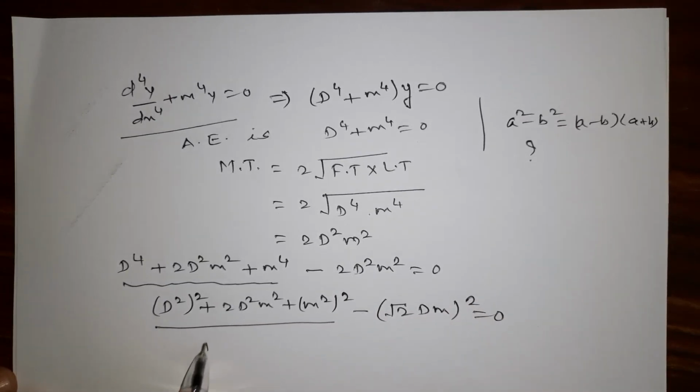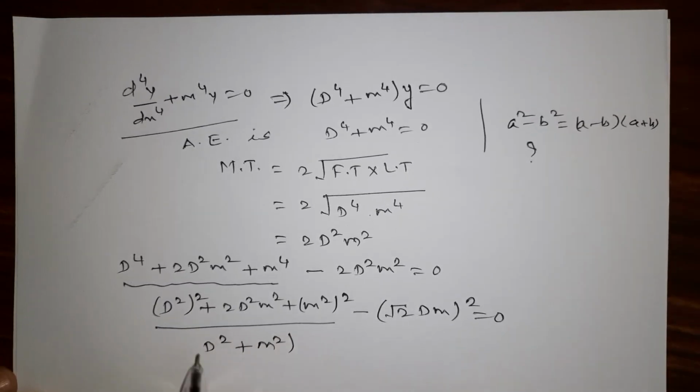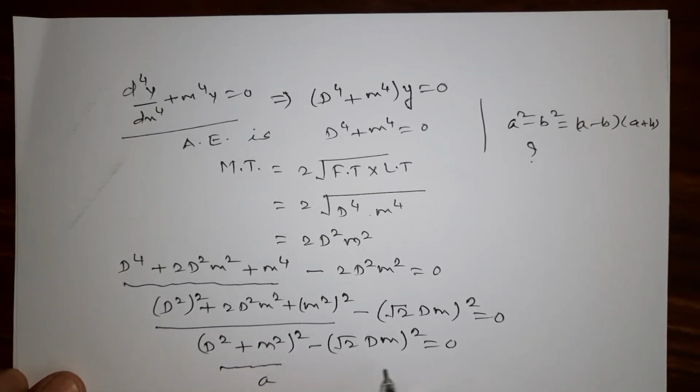So this is d square plus m square bracket square minus root 2 dm bracket square is equal to 0. Understood this step? I just wrote the perfect square term. Now this is my a and this term is b, first term is a and second term is b.